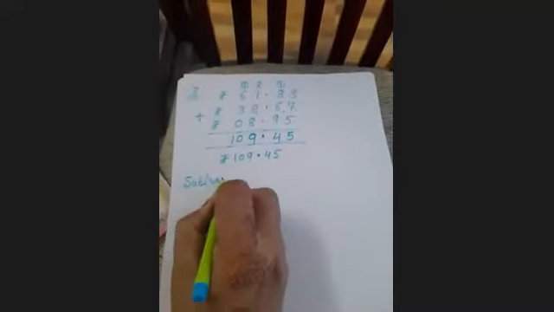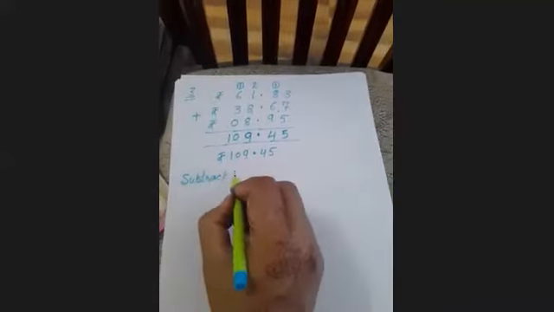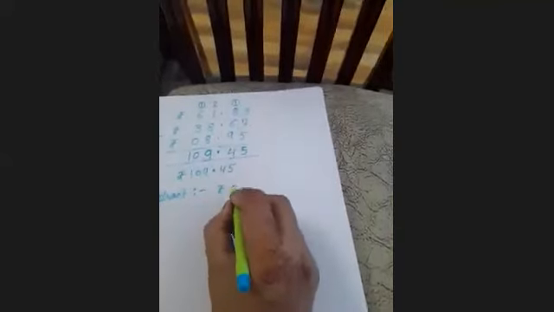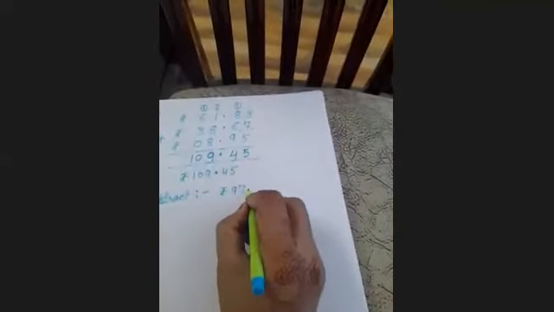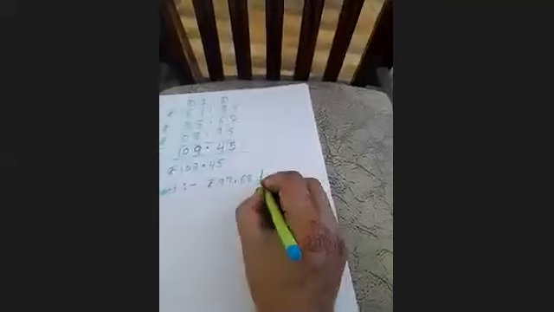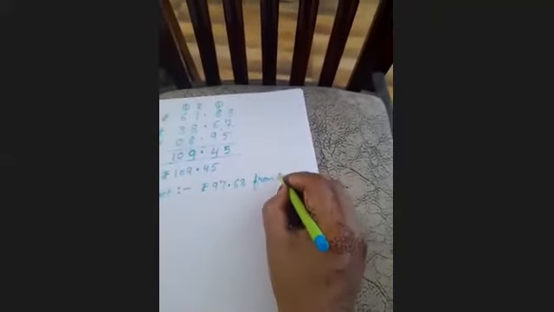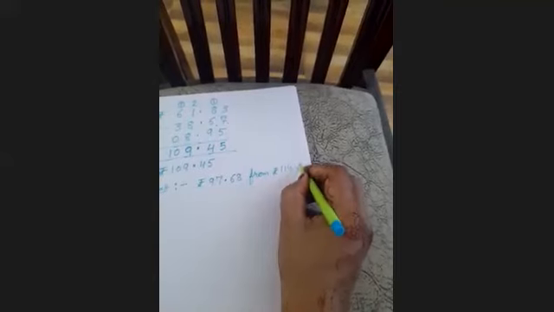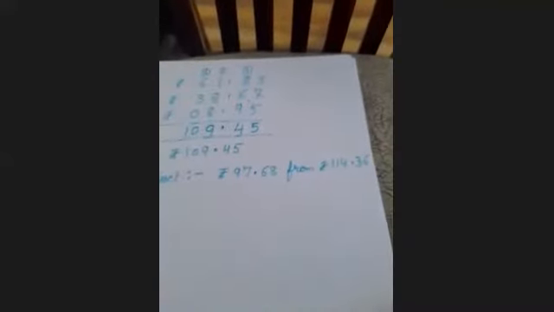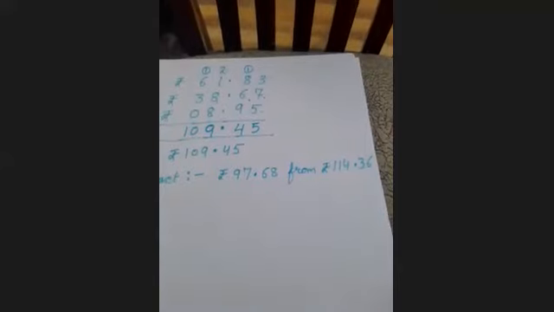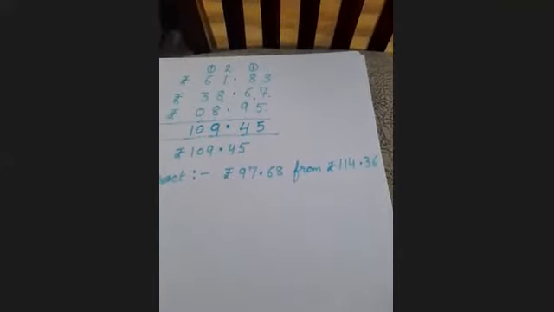Now subtract rupees 97 and 68 paise from rupees 114 and 36 paise.